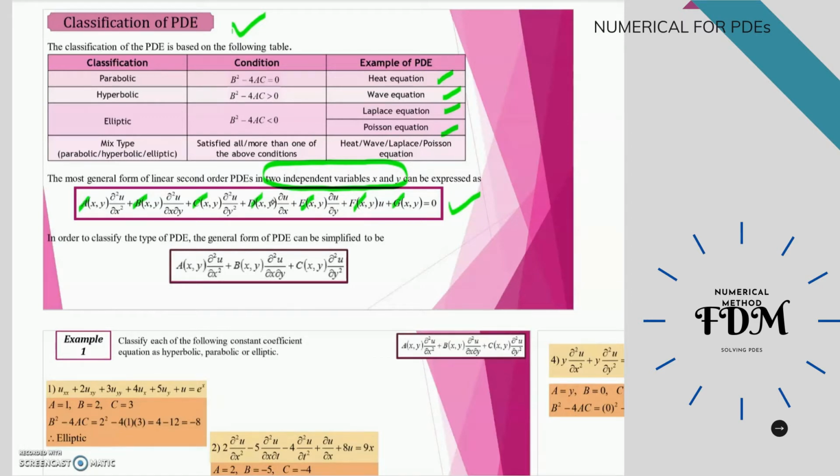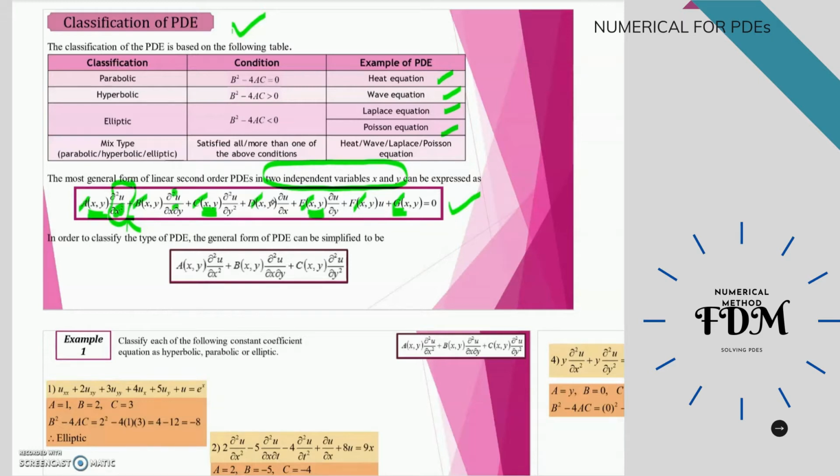Okay, and then you have this A as a function of x and y. This is not really a coefficient, we call it a function. And then for A, as a function in front of the second partial derivative of u with respect to x squared, it only involves the second derivative of variable x.